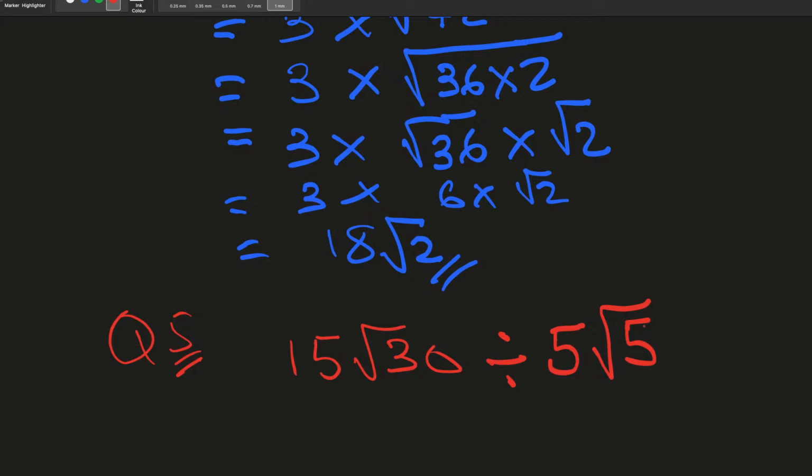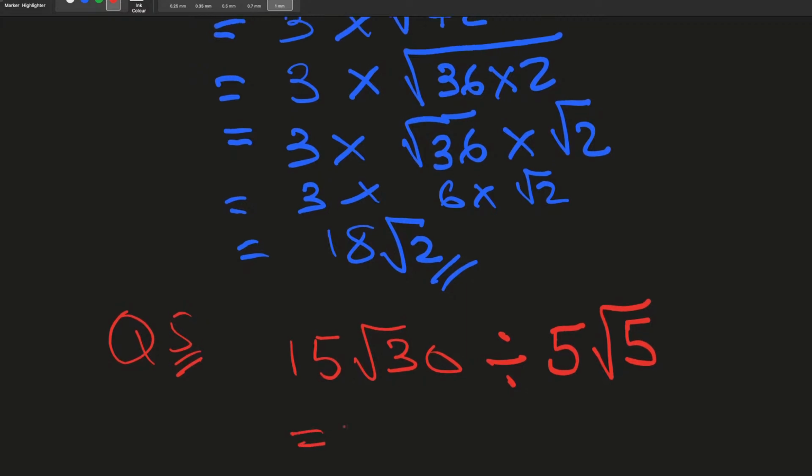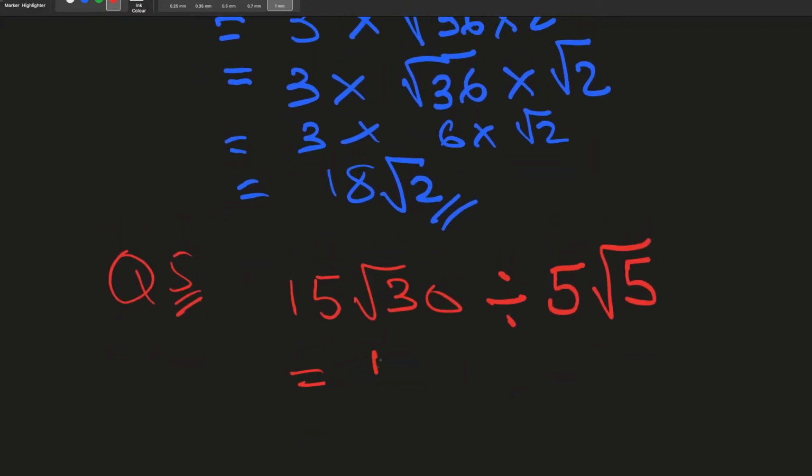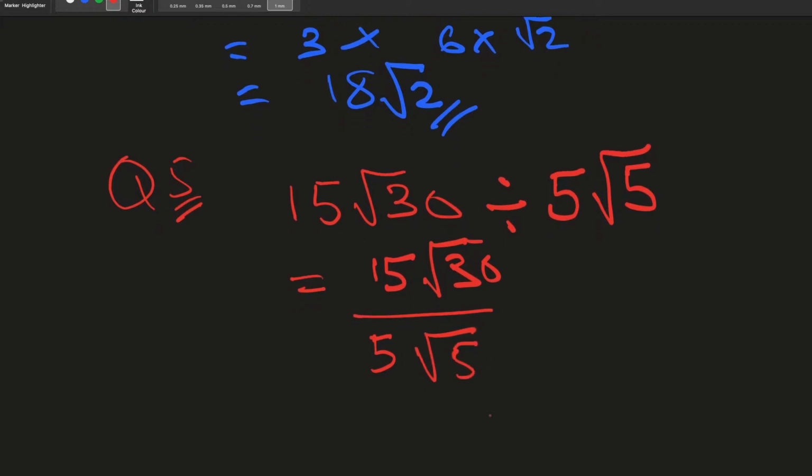If you remember, the last time when we tackled a similar one, I told you that 15 root 30 divided by 5 root 5 can traditionally be written as 15 root 30 over 5 root 5.